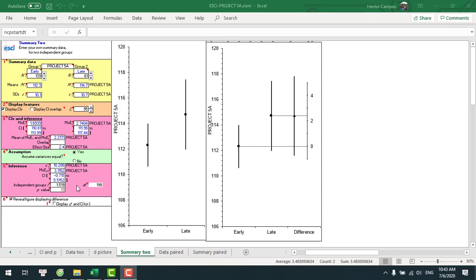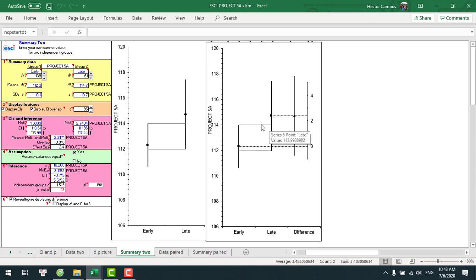Now, we're also trying to do modern statistics, and we're trying to get rid of p-values. So how can we do this without a p-value? There are two things to notice here. The first is the overlap of the confidence intervals.